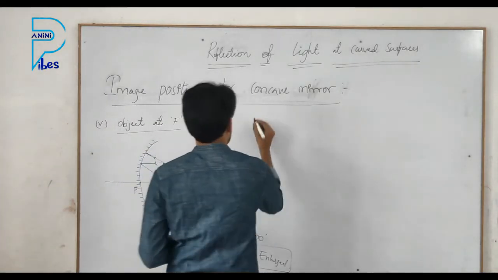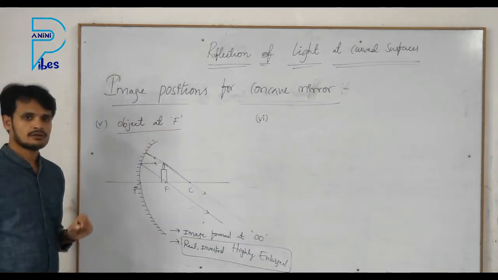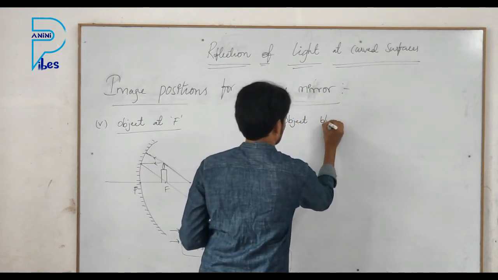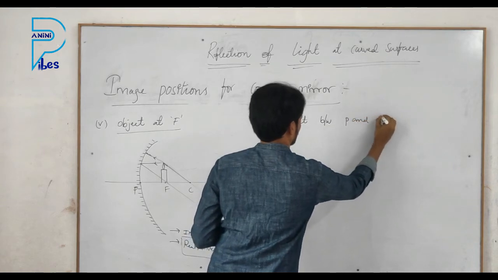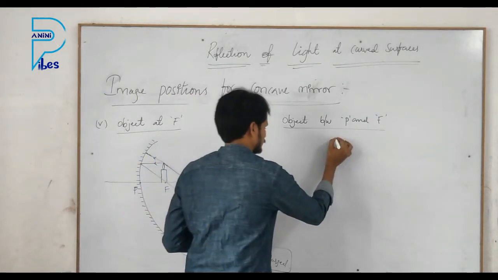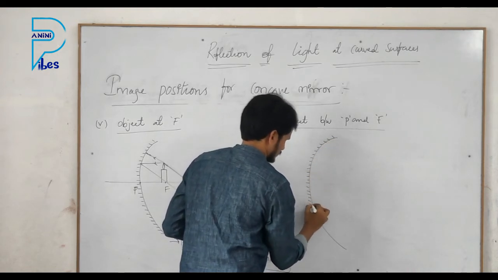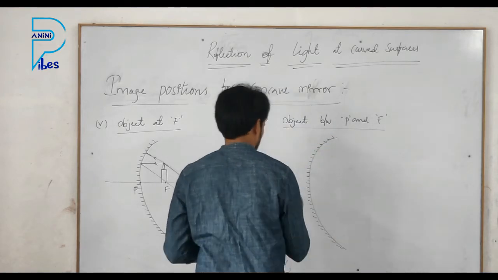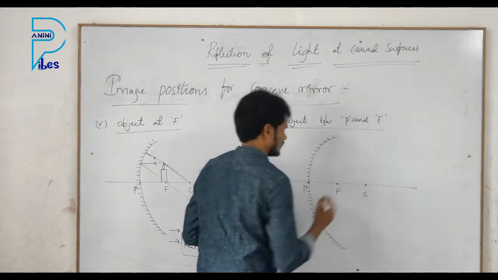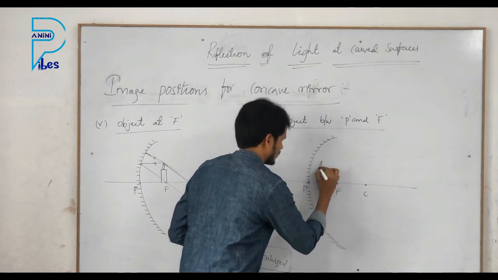And our last position, that is our 6th position, the last possibility, is the object placed between P and F. Let's draw the concave mirror here: P, F and C. Now place the object between P and F. I am placing the object here.